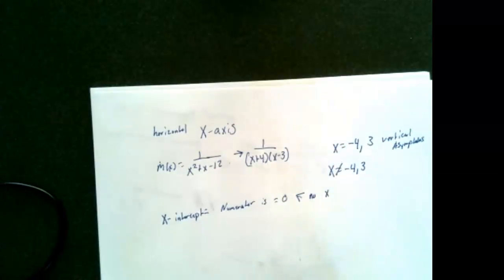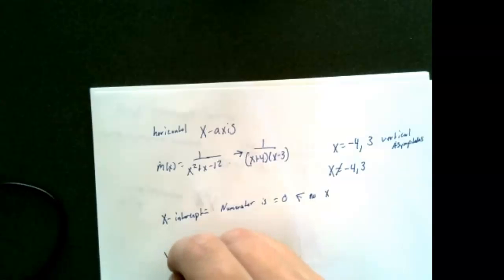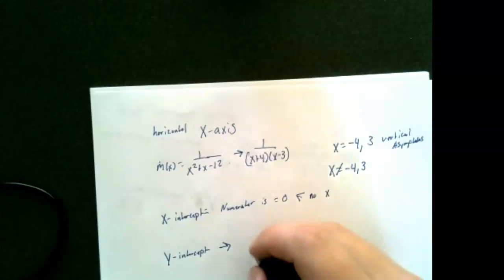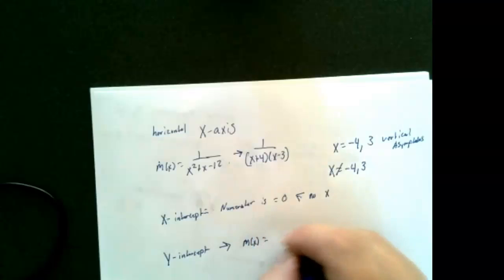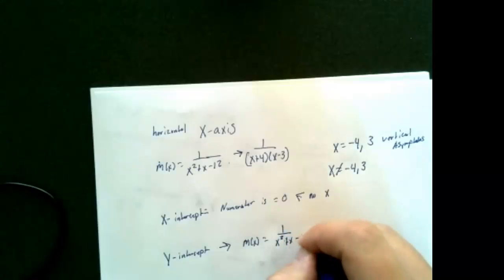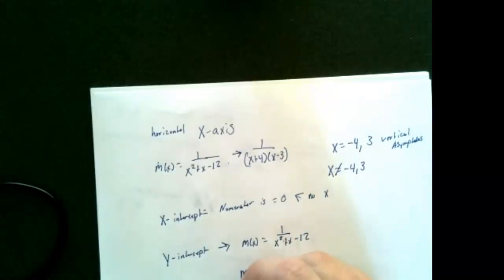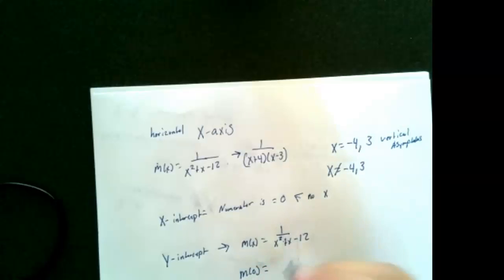Okay, and then our y-intercept. This is where I made a mistake last time. Since our equation started out as m of x is equal to 1 over x squared plus x minus 12, we want to find what m of 0 would be.